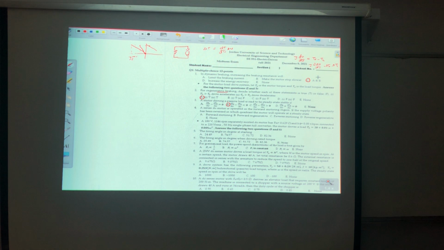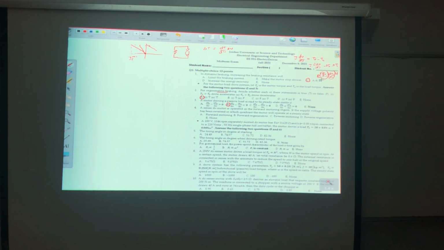Now, if I spread the variable, I will have the exponent here, and this exponent will be partial Te minus partial Tl over partial omega. So in order to make the exponent negative, this one must be greater than this one. And we did derive the formula.